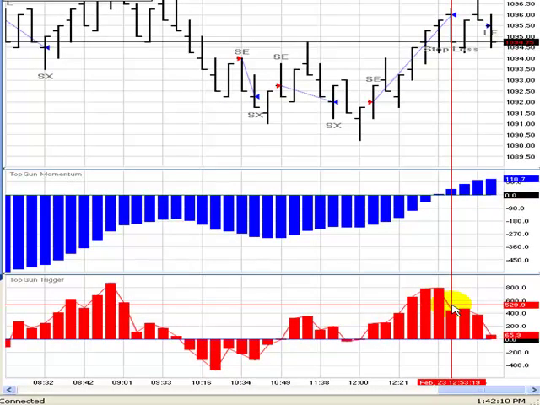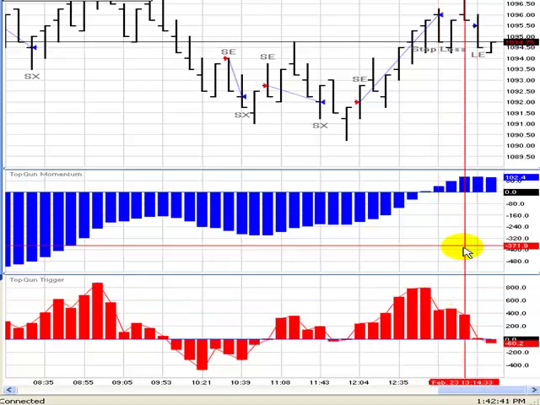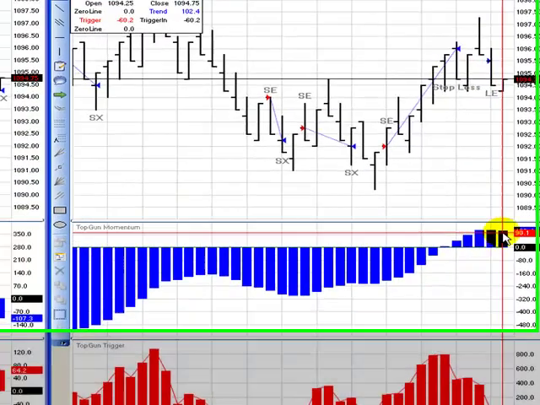So we get stopped out with a loss on this trade. That's great. I'm not excited about a loss, but I'm excited about the fact that you get to see it because it proves that we're not making pie-in-the-sky claims. We're not saying you're going to make money every single trade. But what we are saying is we've got a system that capitalizes on both markets and you will make money more often than not by following our system. So we take a loss, we get out when we're supposed to, and then we just look for the next trade. But in this case, now we're looking for a long entry because we're above zero.